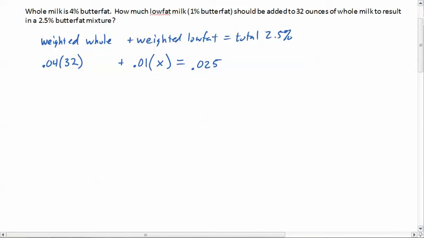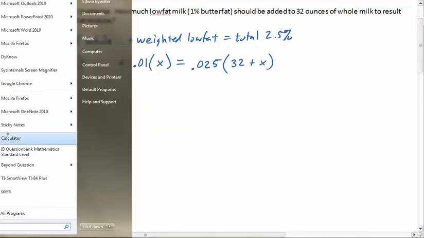0.025, because that's what we want this weight to be, and then it will be multiplied by the total amount of that. The total amount should be 32 plus x. This way we can see that we're taking the weights and multiplying by the amount, and that should add up to give us the total. So let's pull out our handy dandy calculators.